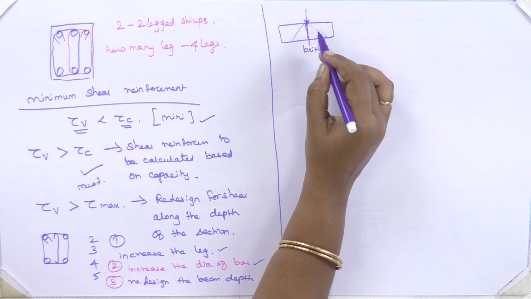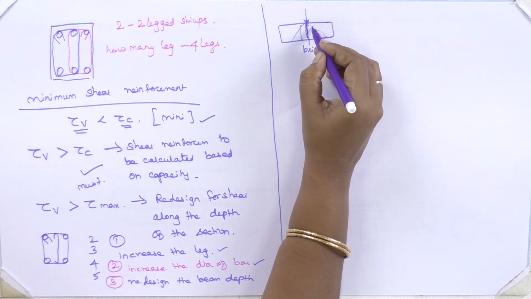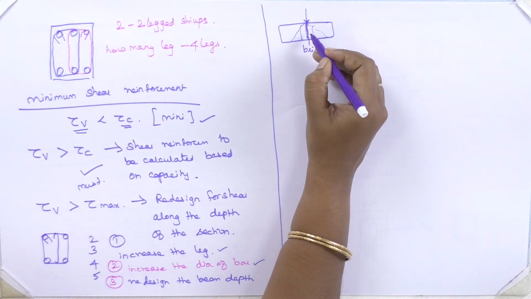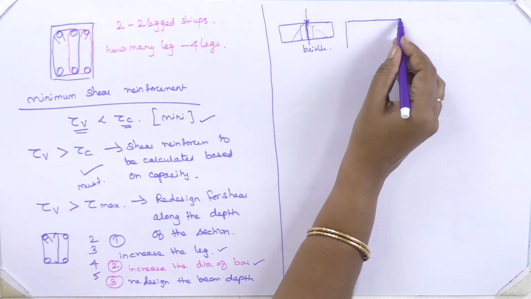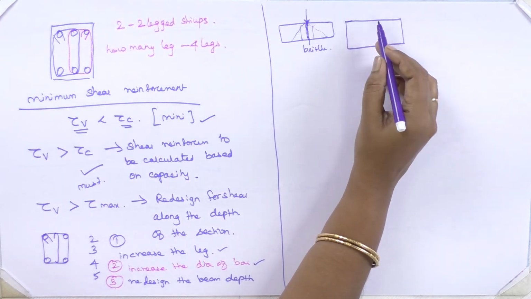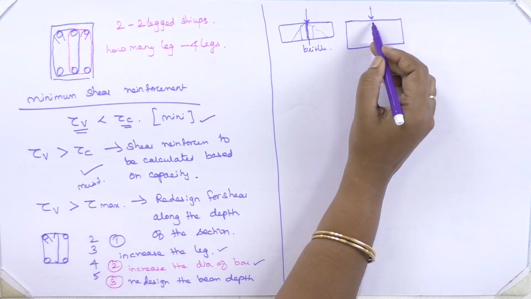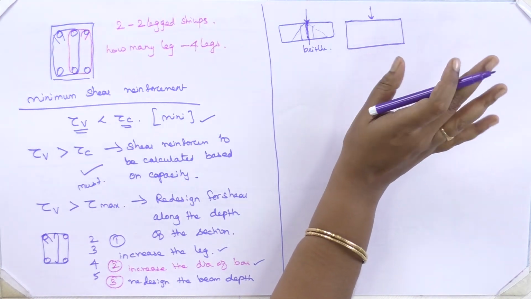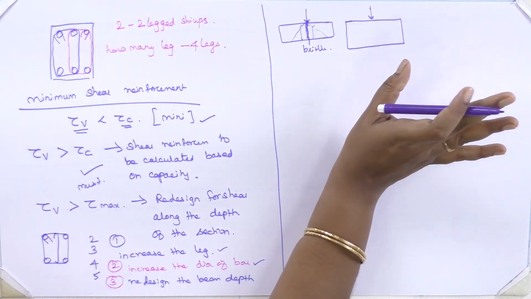To avoid this brittle failure, if you provide shear reinforcement, it is okay. If the shear reinforcement is not able to accommodate your section for your loading, you can increase the thickness of your member. For the same load, I am increasing my thickness so that your depth will be safe under shear. This is the common criteria generally we need to follow for your section.